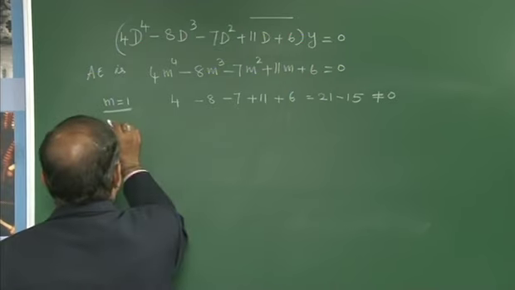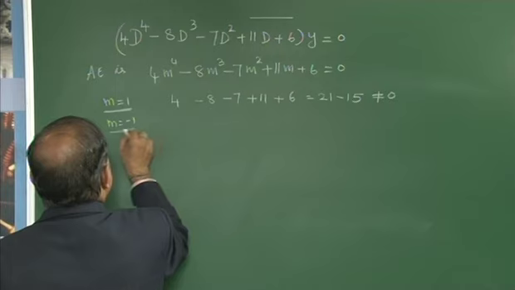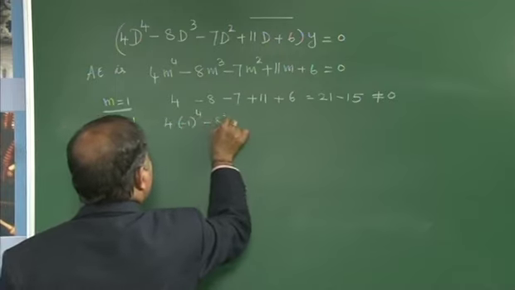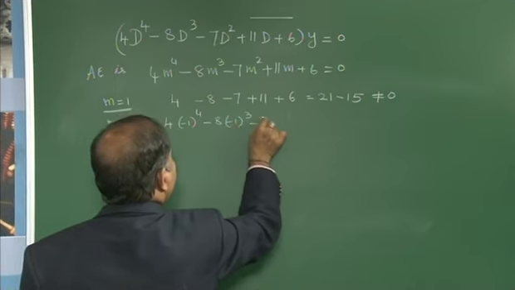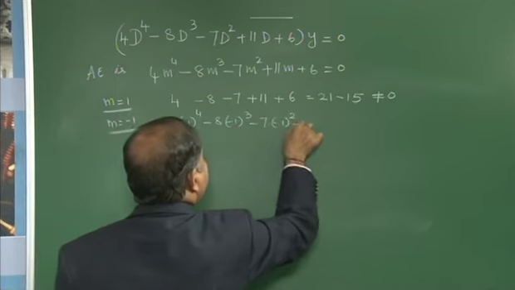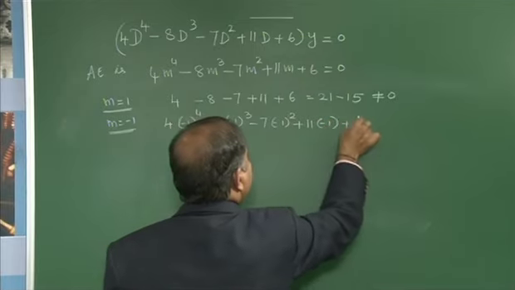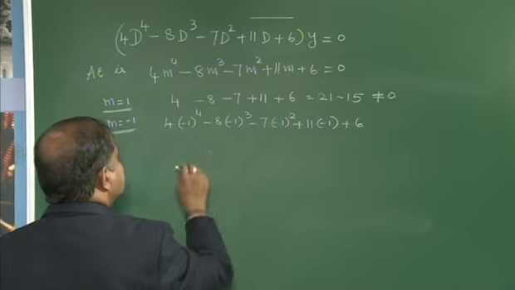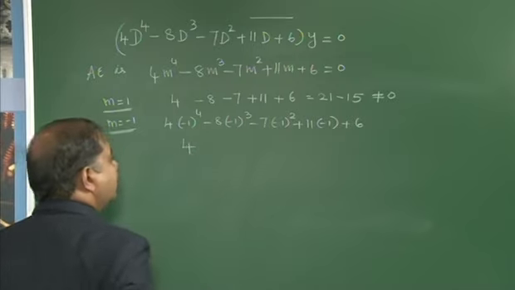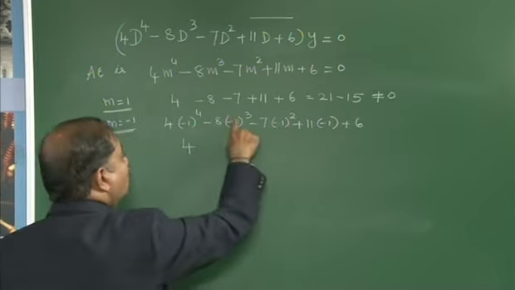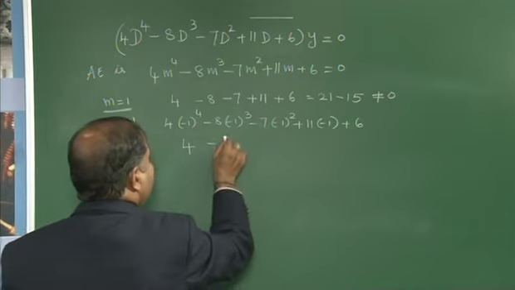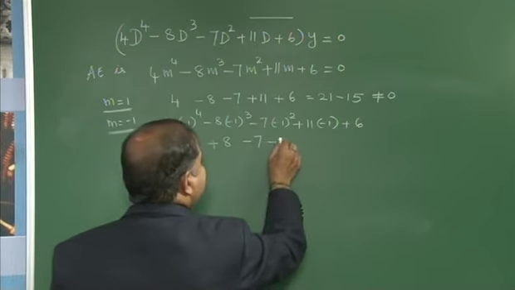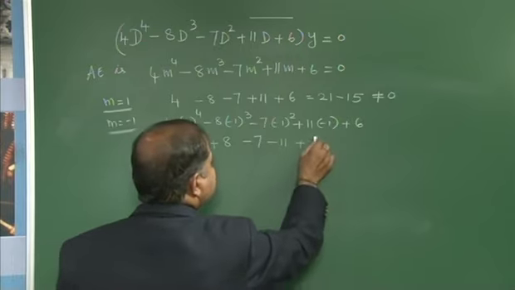Now, take the next value, m equal to minus 1. 4 into minus 1 to the power 4, minus 8 into minus 1 whole cube, minus 7 into minus 1 whole square, plus 11 into minus 1, plus 6. Minus 1 power 4 is positive, so no change in the sign, 4. Minus 1 whole cube with the minus gives plus 8. Same way minus 7, minus 11, plus 6.